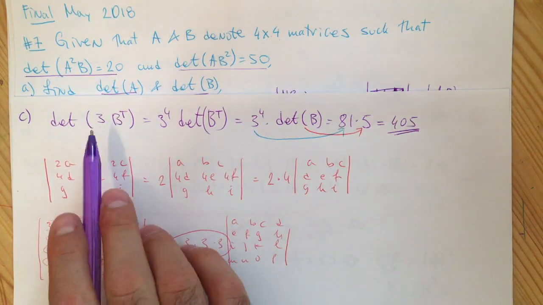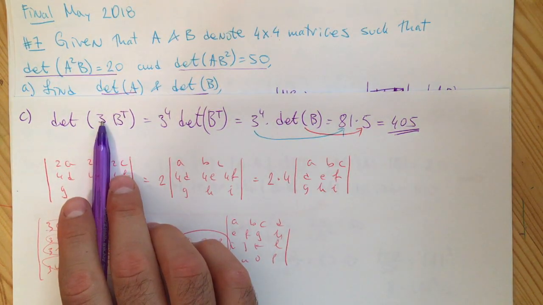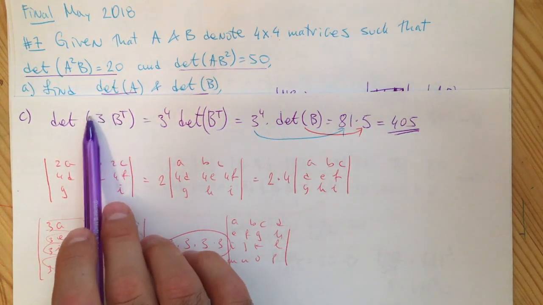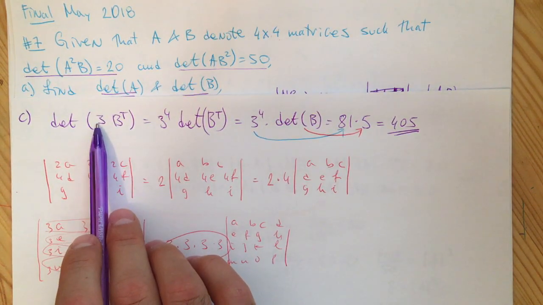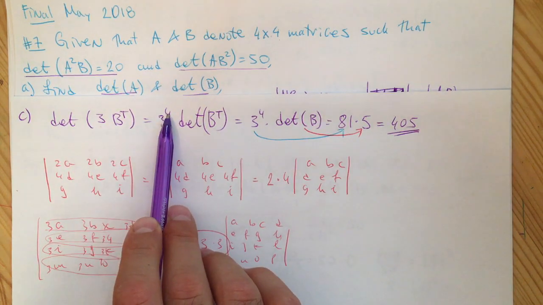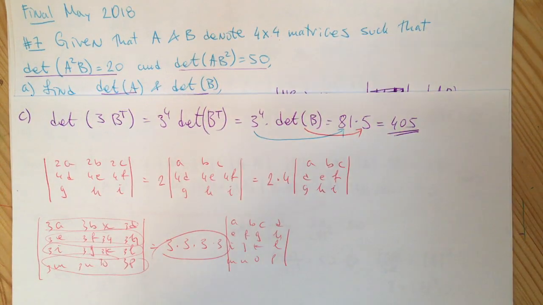Okay, so just be careful how you factor out. When you're looking for the determinant of a constant times a matrix, be careful when you factor out that constant, it's going to go out, but it's going to be raised to the power of how many rows or columns that matrix has.